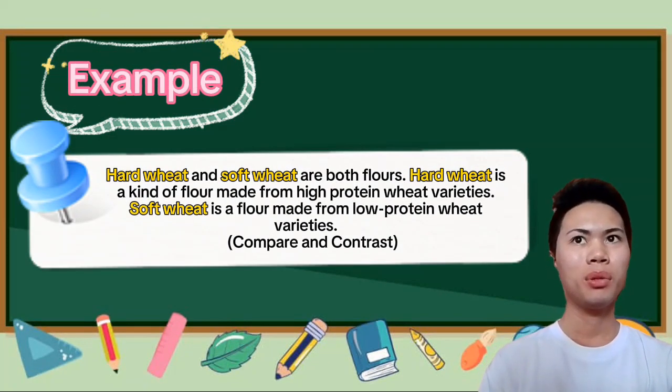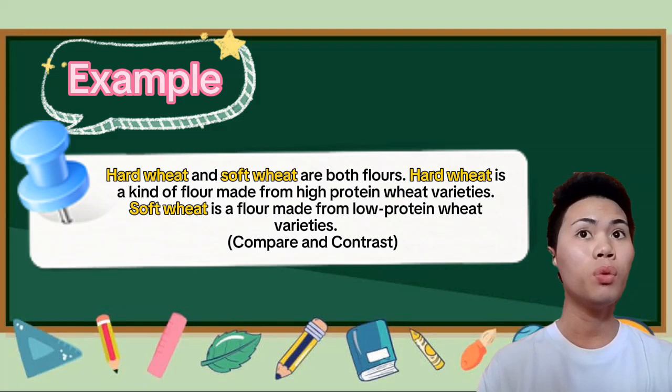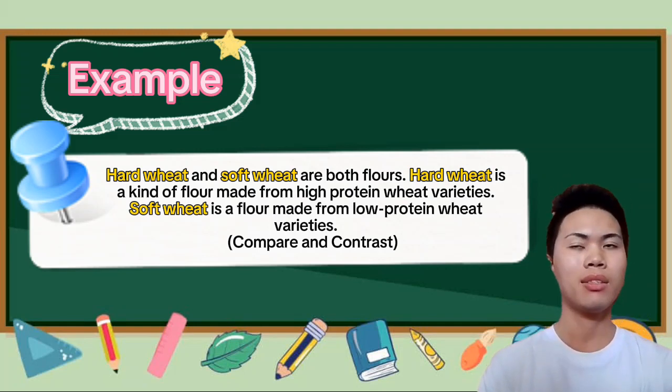For example, hard wheat and soft wheat are both flours. Hard wheat is a kind of flour made from high protein wheat varieties, while soft wheat is a flour made from low protein wheat varieties.